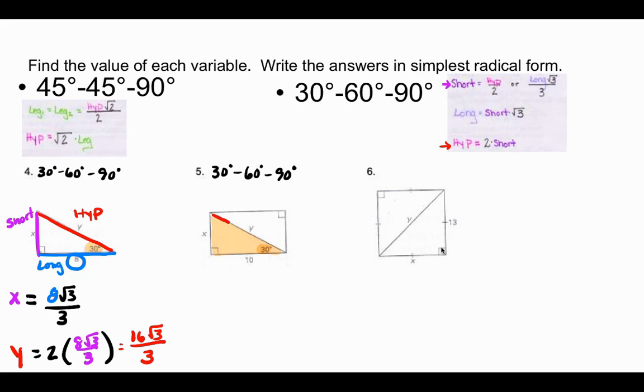The diagonal will be the hypotenuse. The short side of our rectangle is the short leg, and then the long side of our rectangle is the long leg.